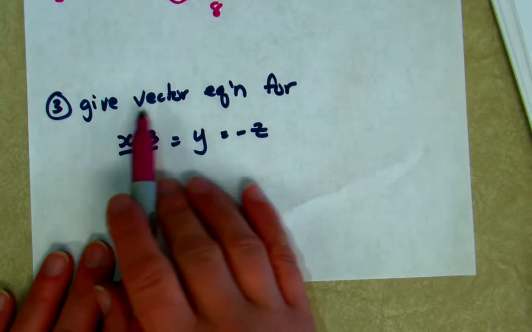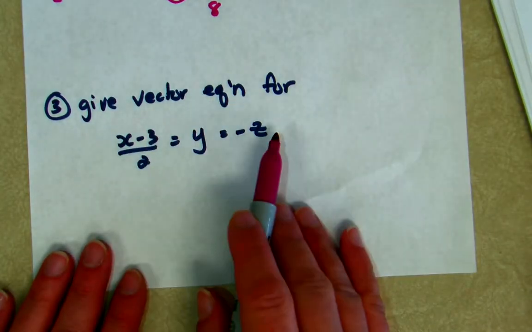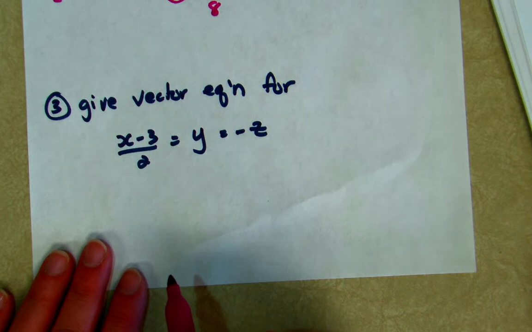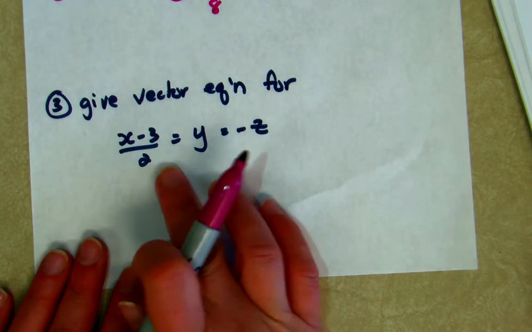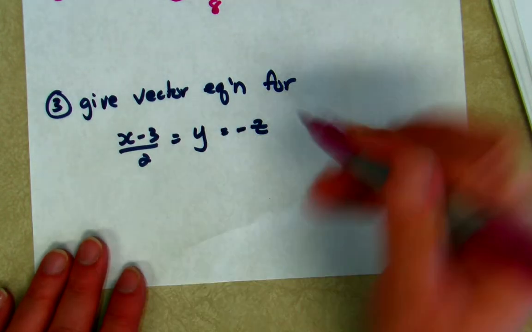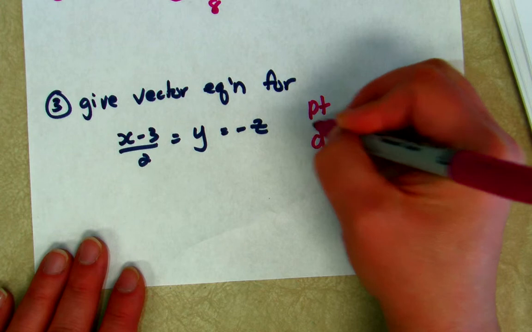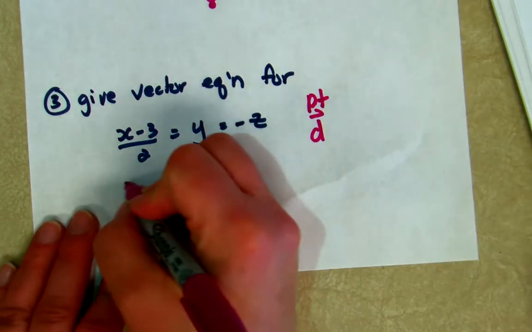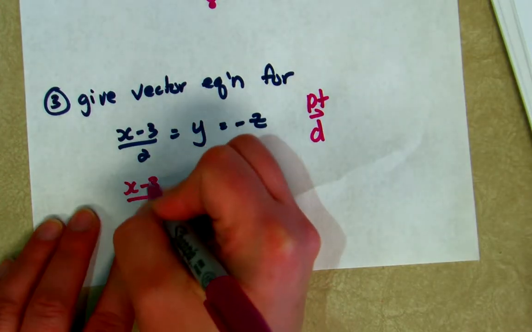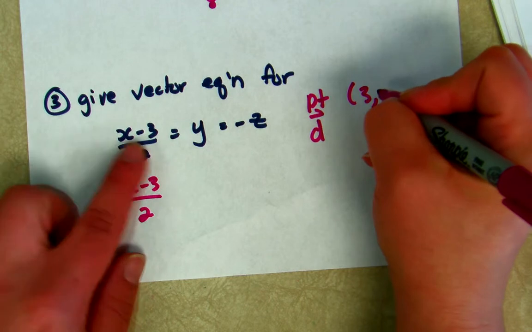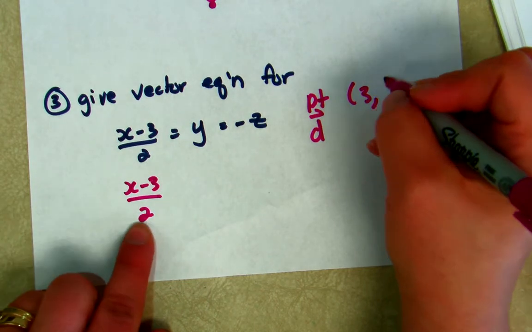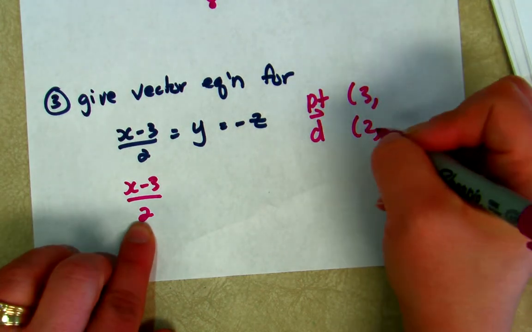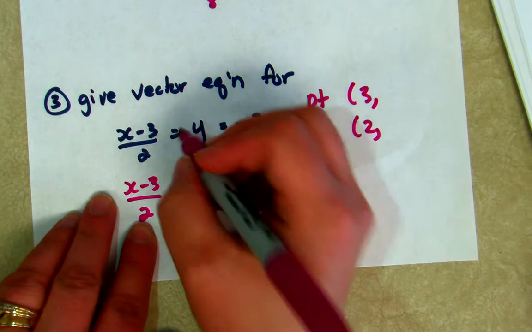But now we're asked to give a vector equation for this. This doesn't quite look like symmetric, but because of the 2 equal signs, it is. For vector equation, I need to figure out a point, and I need to figure out my direction. Well, the x minus 3 over 2 looks normal. So I know the 3 is the x part of my point, and 2 is the a, or the x part of my direction.